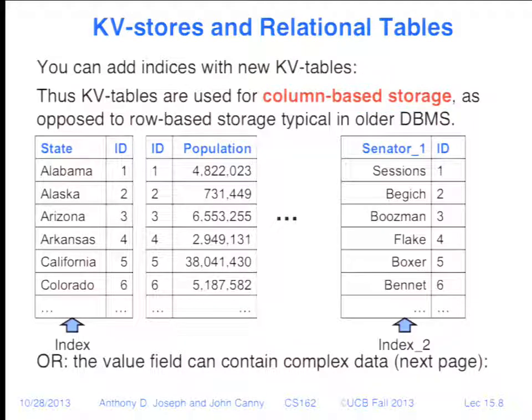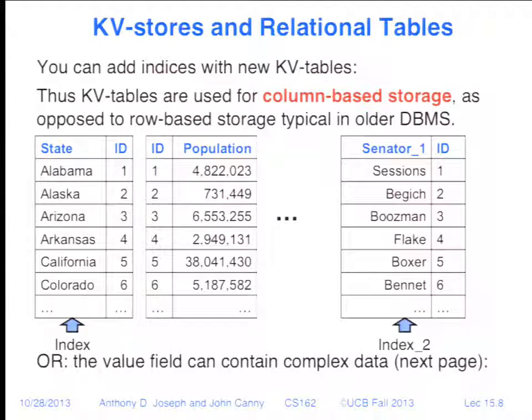Using a columnar format allows you to be a lot more selective and a lot more efficient in accessing the data. So a lot of newer systems do use column-based storage, and under the hood they'll have perhaps a highly efficient key value store implementing the column store. So that's one approach of representing large relational tables, is to break them into column stores.